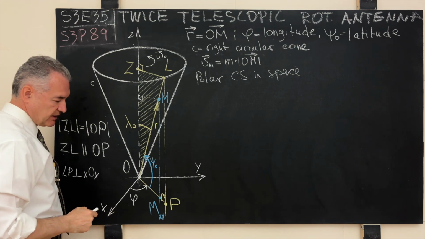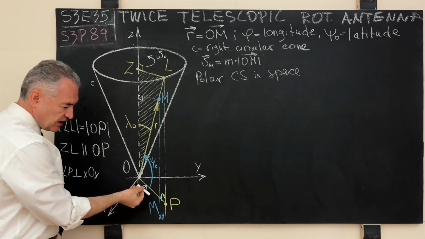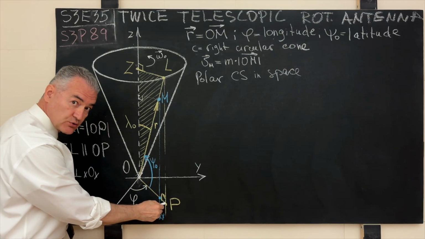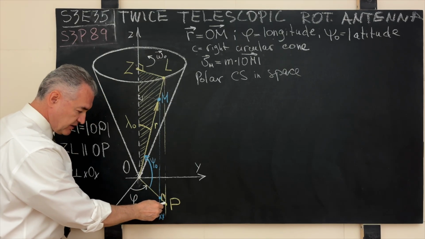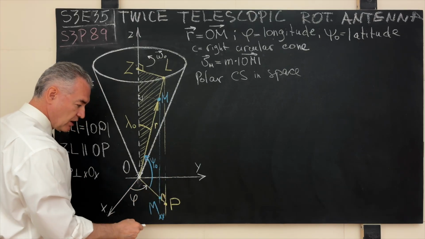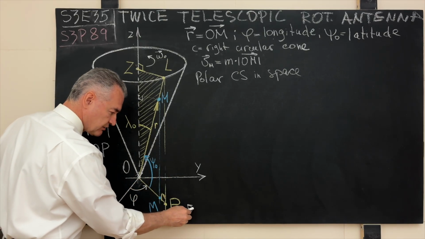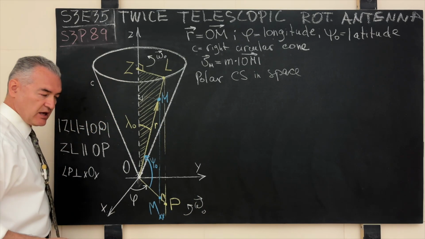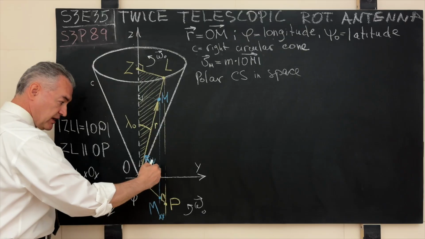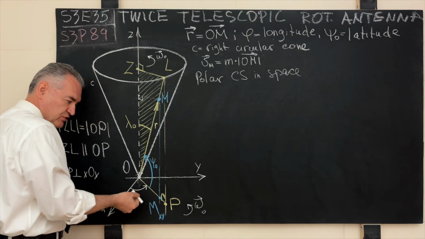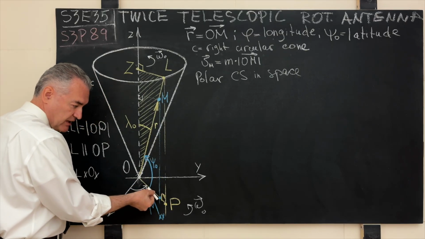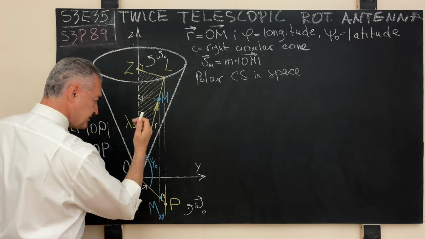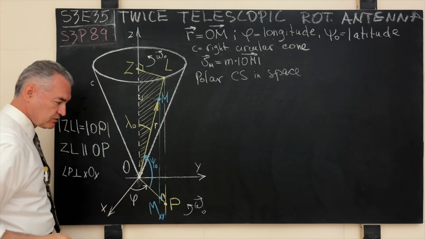That means that at any point of time, the straight line OP will also be rotating in the XOY plane with the constant angular velocity omega 0, exactly the same angular velocity, because a plane intersects with another plane over a straight line, and that straight line belongs to the plane ZLPO that rotates about the z-axis with a constant angular velocity.